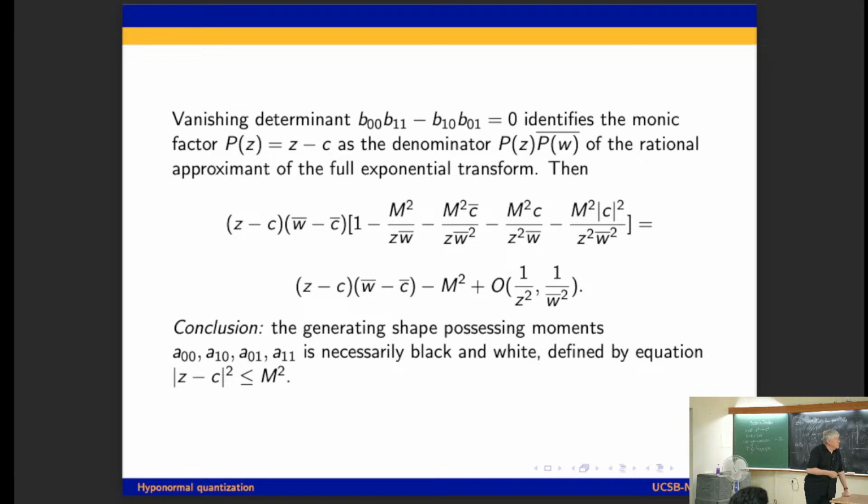The determinant is 0. Therefore, it is a quadrature domain of order 1 with exactly 1 node. The determination of the denominator comes from the linear dependence of the rows or columns of this positive definite matrix.